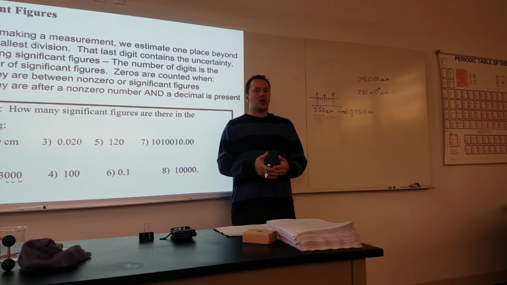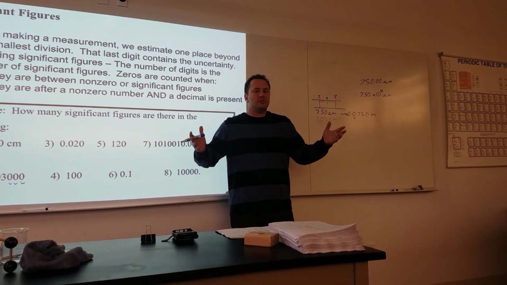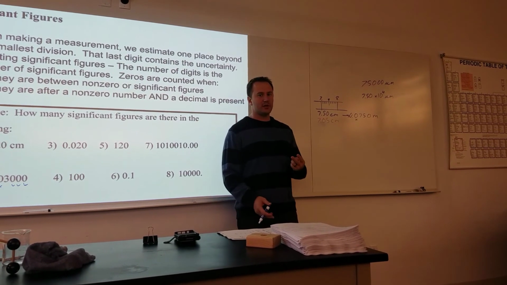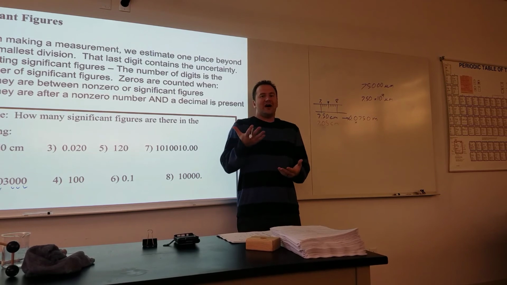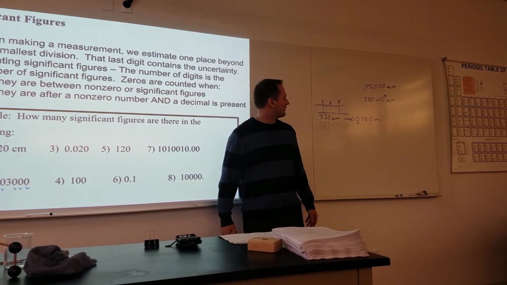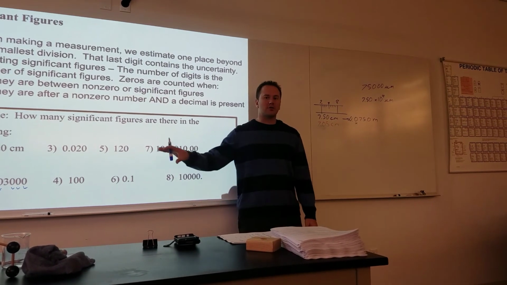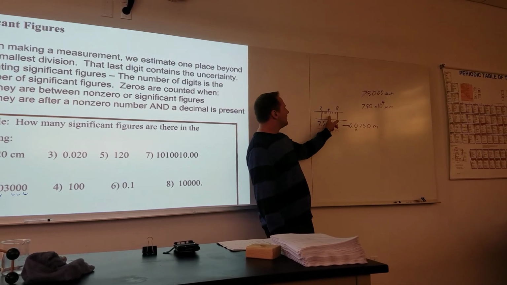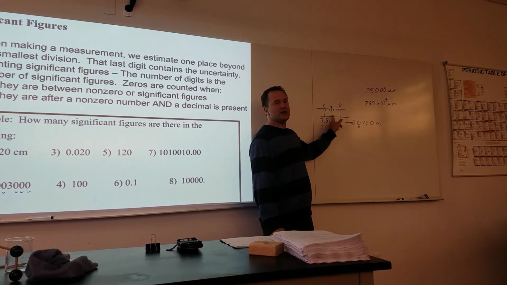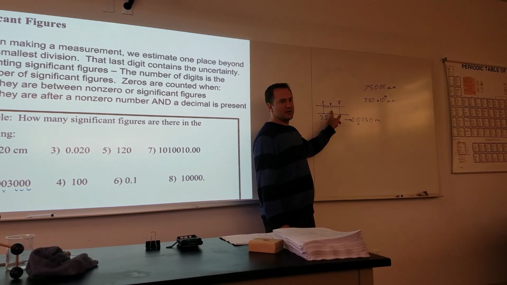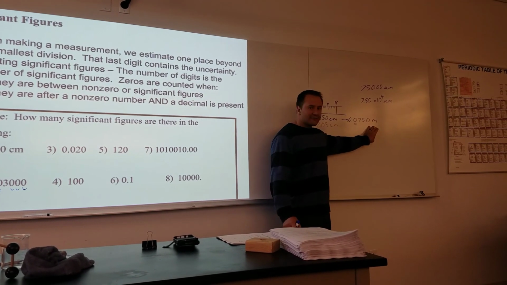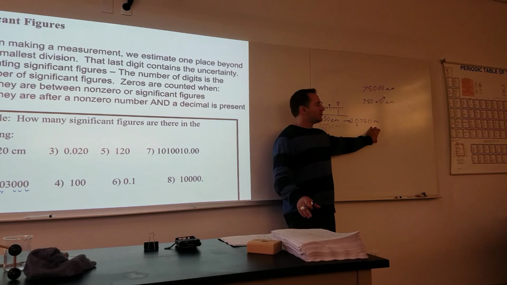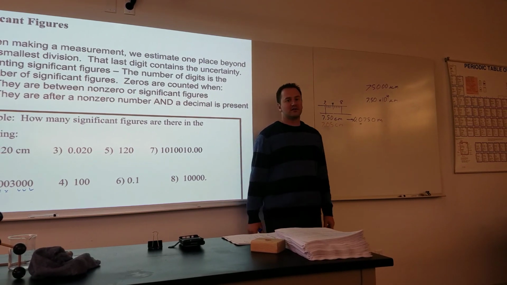Now, we didn't just all of a sudden magically, by converting to meters, gain 2 digits worth of information. That doesn't happen. We don't have 5 digits worth to work with. We don't have that kind of detail. So that's why we call those placeholders. However, this 0 counts because, again, it tells us that it falls directly on that 5 0 line. So the zeros after the non-zero numbers count, the ones before don't when a decimal is present.